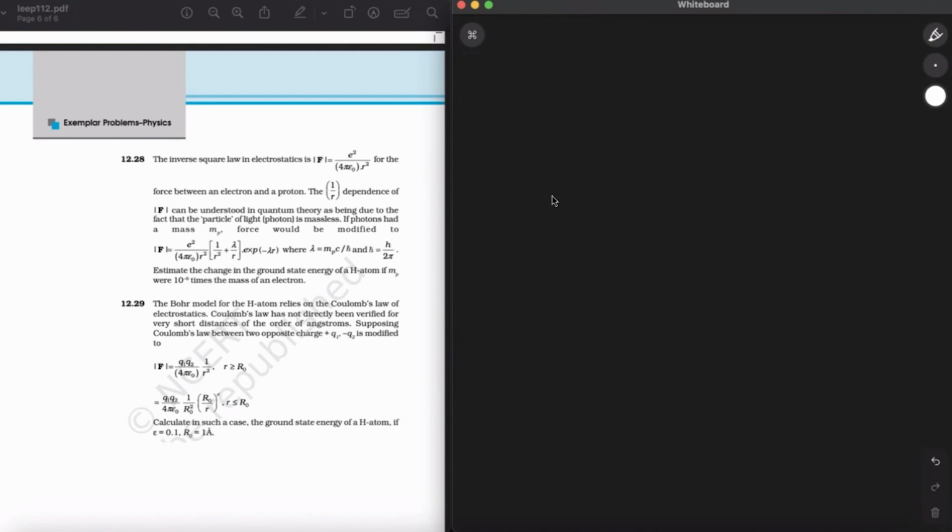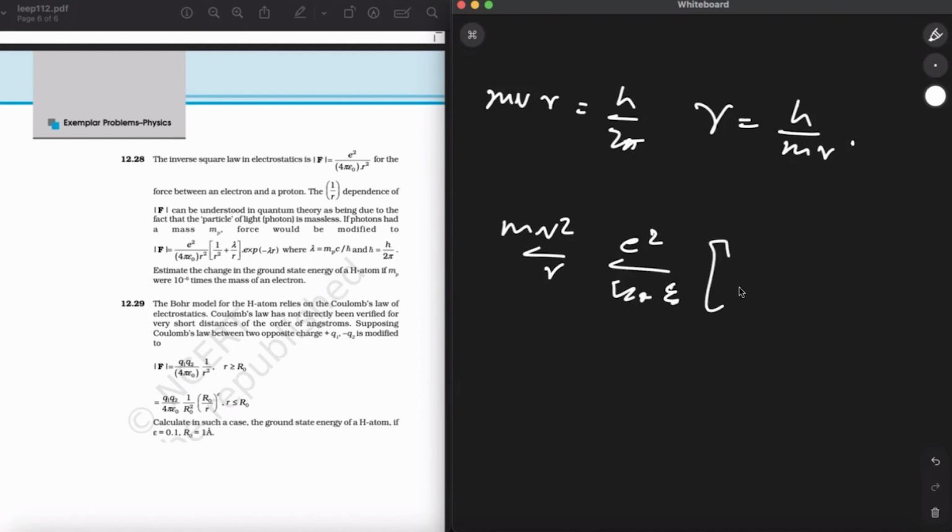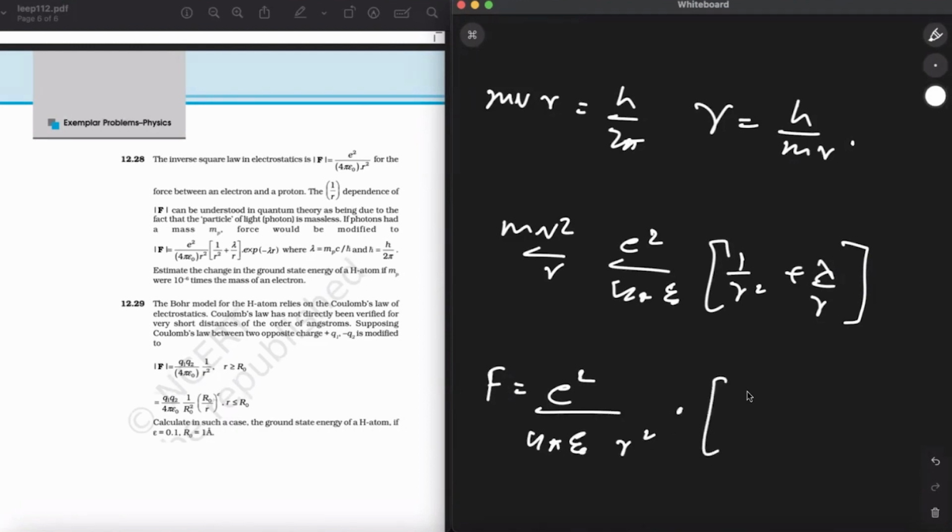So the mass of proton and mass of electron we already know. Now mvr equal to nh upon 2 pi, right? So h upon 2 pi, and v equal to h upon mr. Writing down over here, mv square upon r equal to e square upon 4 pi epsilon naught times 1 upon r square plus lambda by r. Therefore, the force we already know can be written as e square upon 4 pi epsilon naught times 1 upon r square plus lambda upon r.